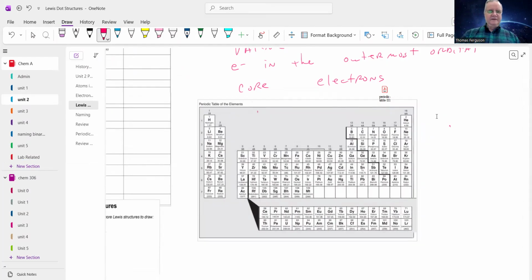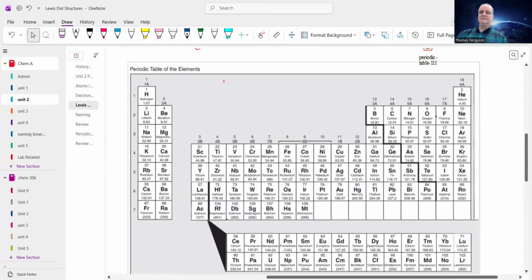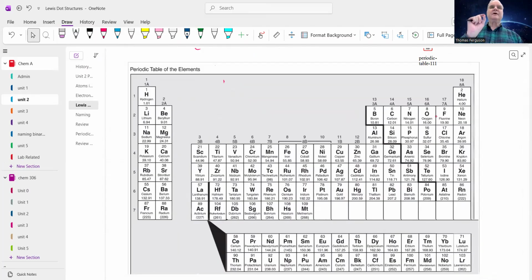Okay, so how do you figure out how many valence electrons there are? Their numbers are sort of different and sort of the same at the same time. Remember we talked about groups in the periodic table, and the groups have similar chemistry.